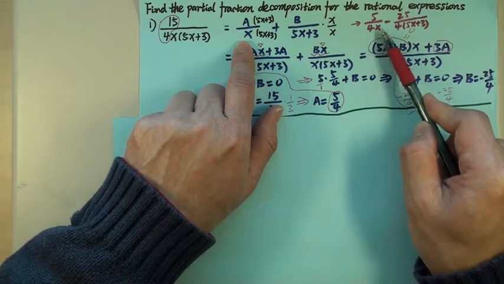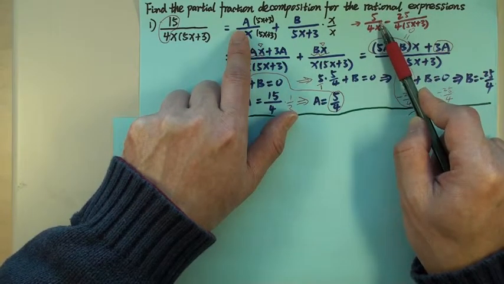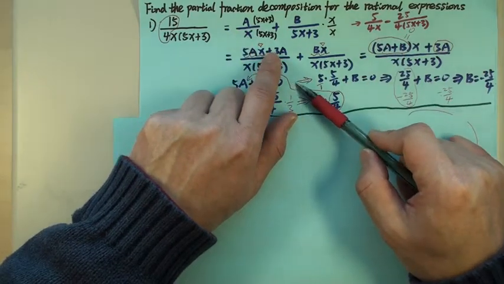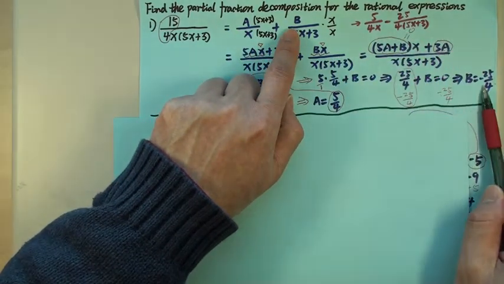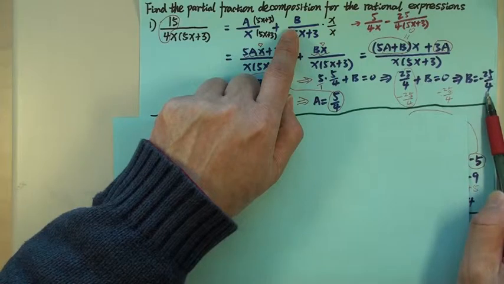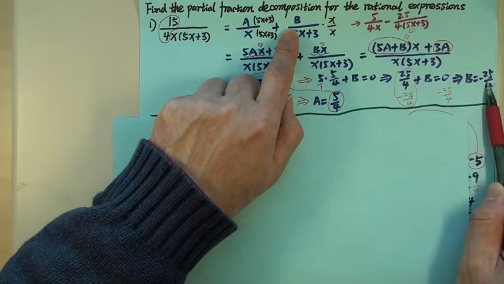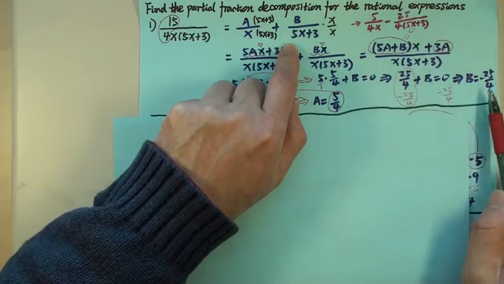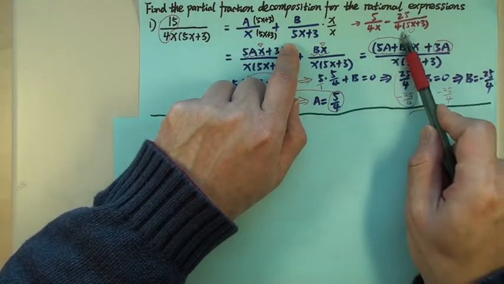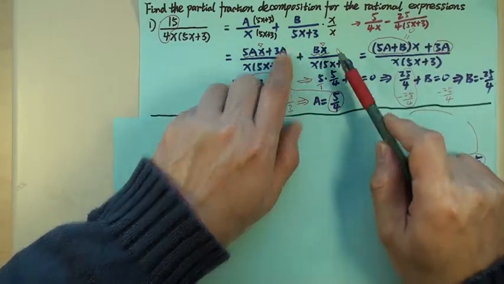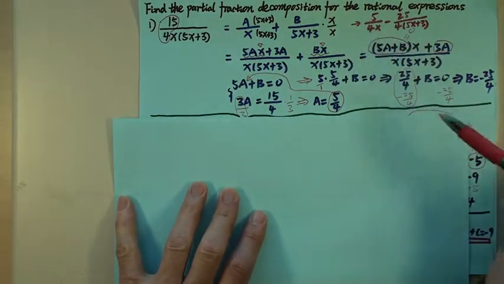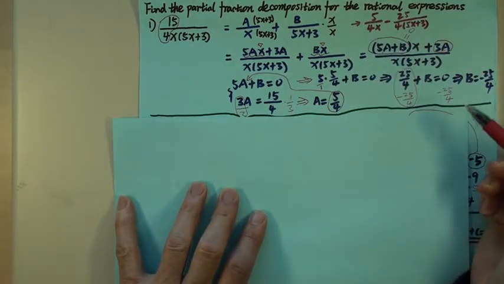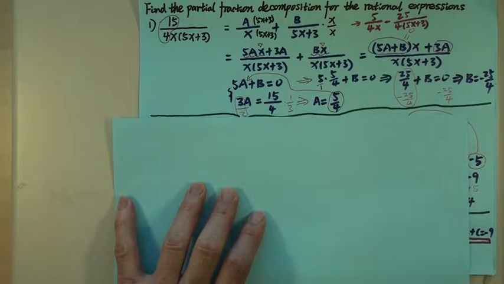So downstairs is 4x, upstairs is 5. Now, for b, what do we get? We get negative 25 over 4. Then negative 25 goes upstairs, and downstairs is 4 times the quantity 5x plus 3. And this is the final answer. Okay? Alright. That's the first example.